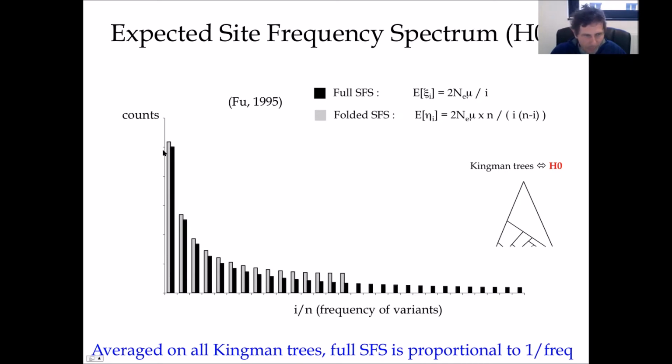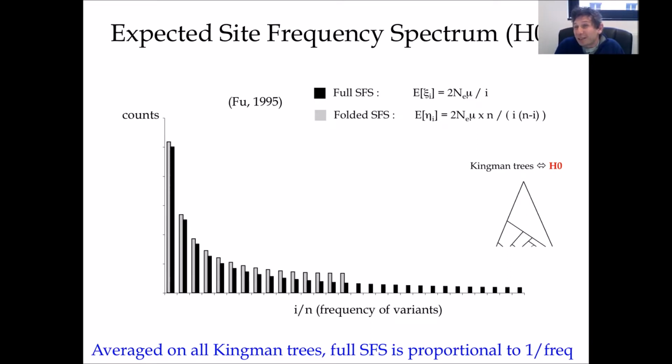And since Fu 95, we know that the expected site frequency spectrum is proportional to 1 over the frequency of the variant. So it has a 1 over x function. If you represent the site frequency spectrum, it should decrease as 1 over x if the standard neutral model is true. Okay, if the standard neutral model is not correct, this won't be correct anymore.